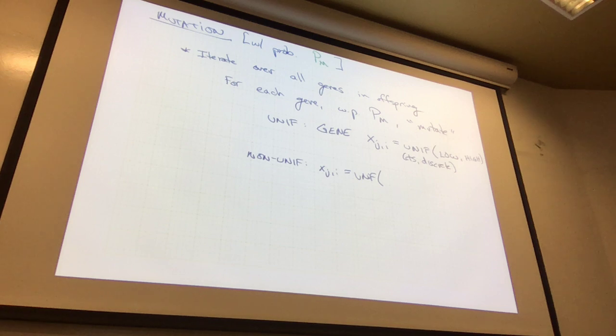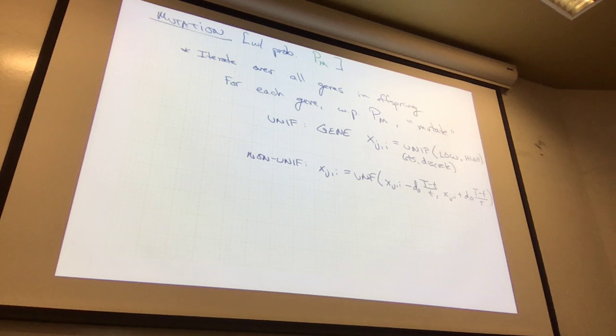So it's my previous XJI minus some step size, I'll call it D naught, multiplied by (big T minus t) over T, and the flip of that on the other side: plus D0 times (T minus t) over T.